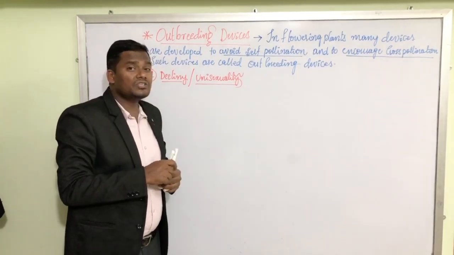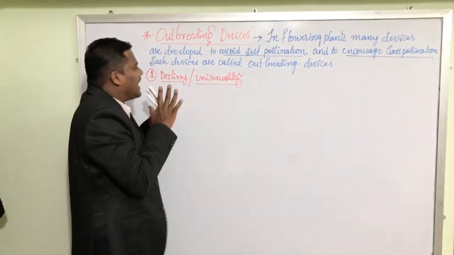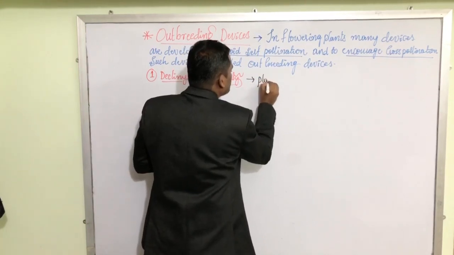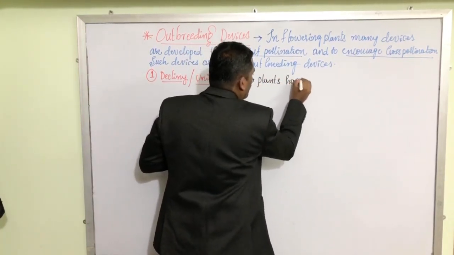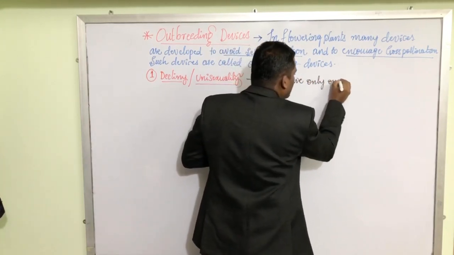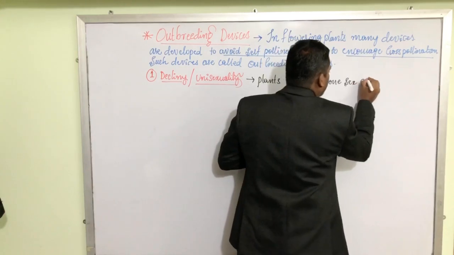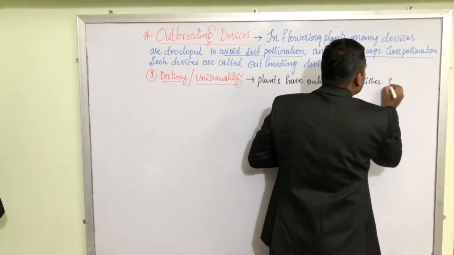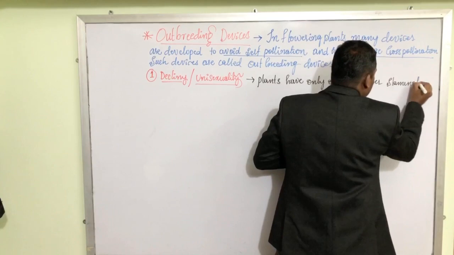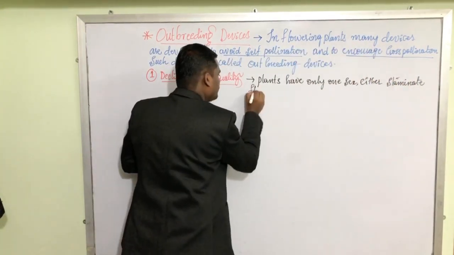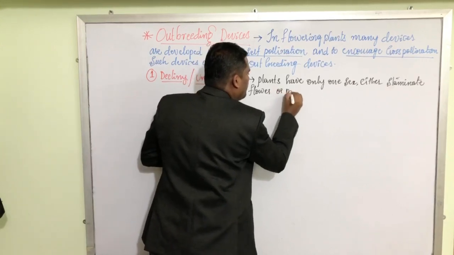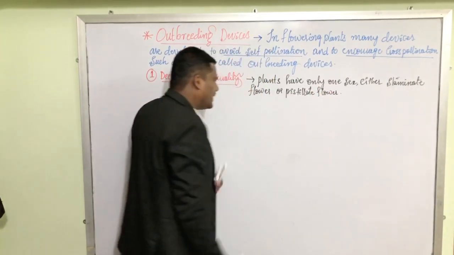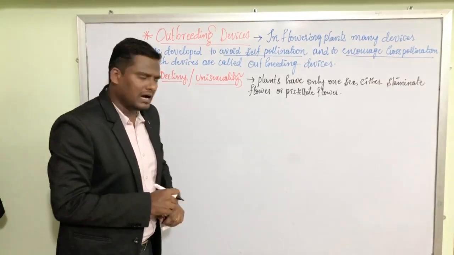If any plant consists of only one sex in it, such plants are called unisexual. The unisexual condition means plants have only one sex, either male, technically staminate flower, or pistillate flower.